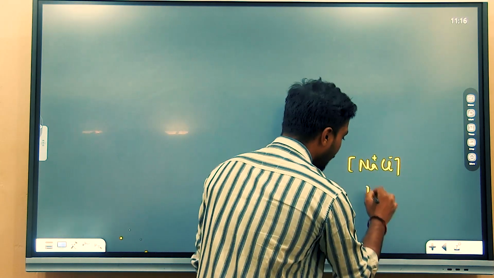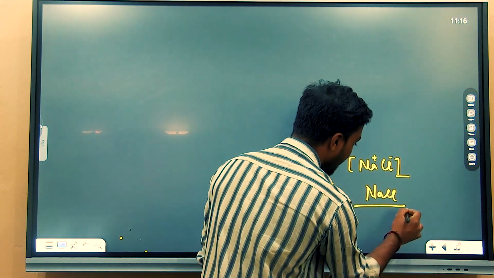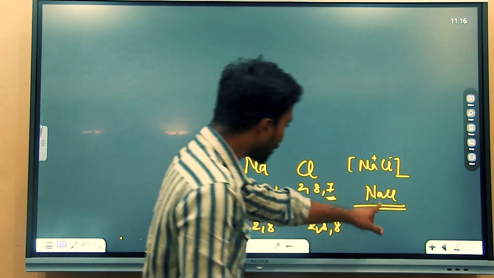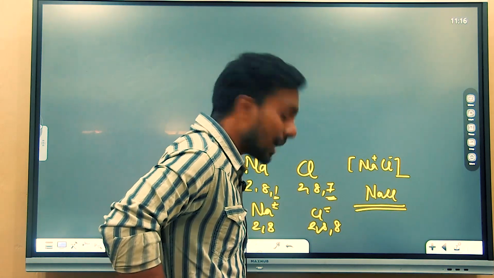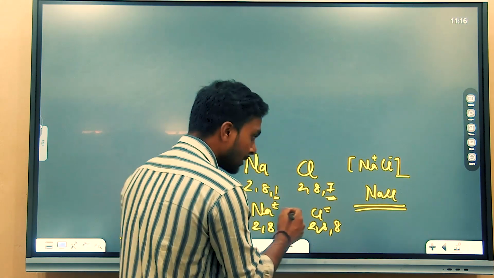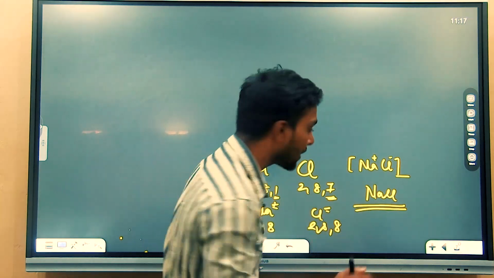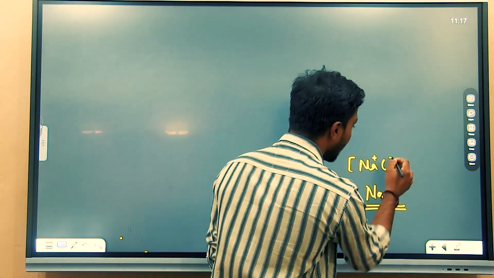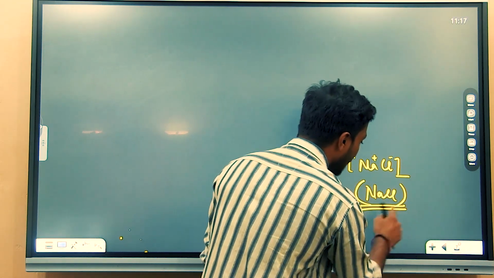But we commonly write it as NaCl. We are not showing the charges. Why? Because this is balanced. Positive and negative are the same, that means they cancel each other out, and then we can commonly write this.